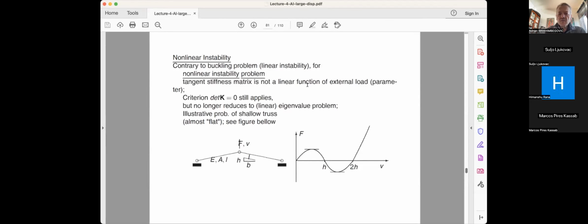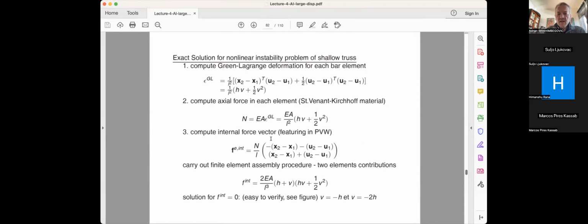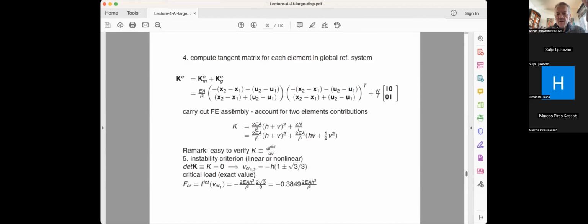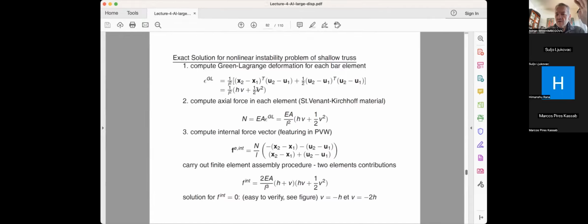So for the component which is of interest to me, basically I have a Green-Lagrange strain along the bar, where x2 minus x1 has a projection b for the x direction, and for the y direction the projection is h, but the displacement is only in the vertical direction, so you only have multiplication with this y direction, so it becomes 1 over L squared, h times v plus 1/2 v squared. For the homework, you can also try to work out this one to get the equation under control.